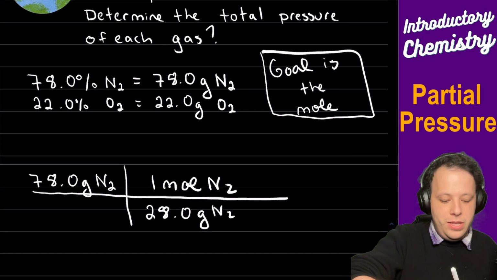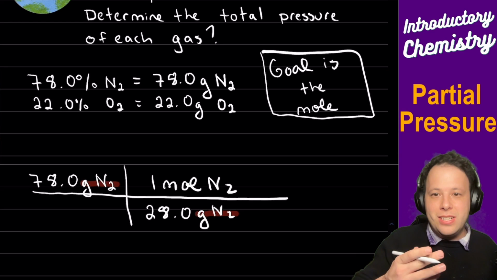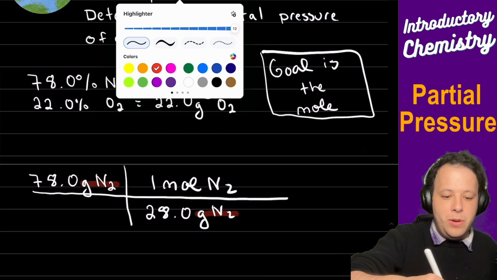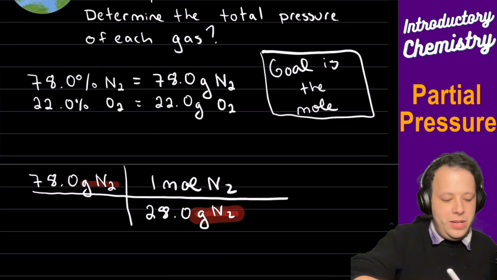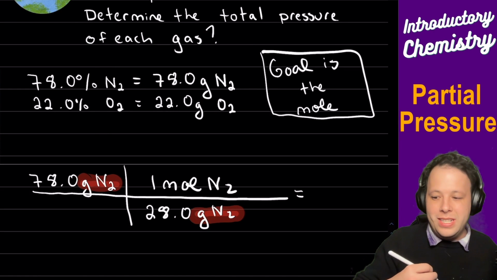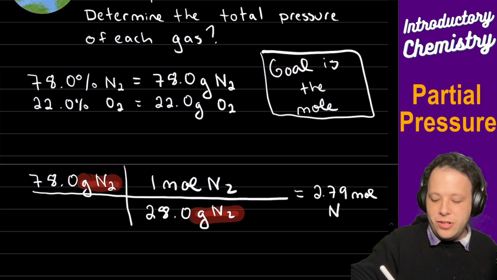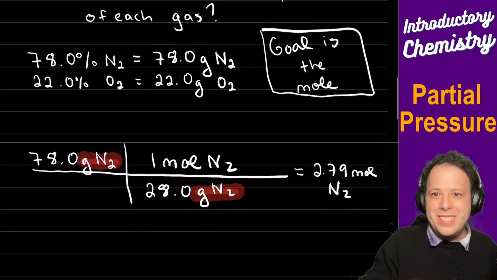Grams cancels grams, leaving us only with moles. We can convert that. Once I do the math, 78 divided by 28, you will get 2.79 moles of nitrogen. All right, that's something.